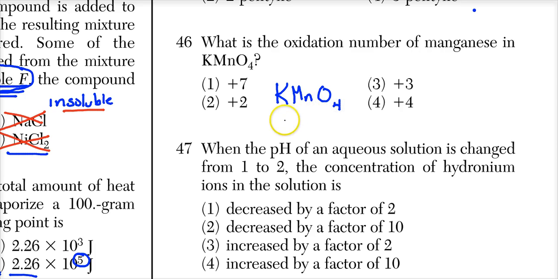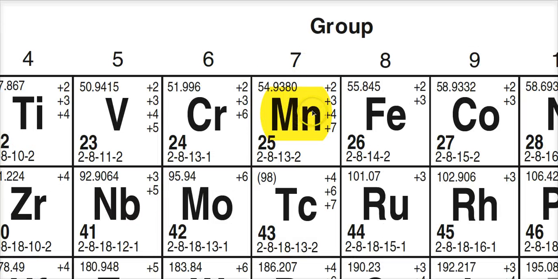Now, when you have 3 elements, you have to realize that it's probably going to be 2 elements that you definitely know their oxidation numbers and 1 that you do not. Let's say I'm asked for the oxidation number of manganese. Now that's simple. I could say just look up the charge in the periodic table. So let's go there. For manganese, you can see that I can't start with it. It has multiple charges.